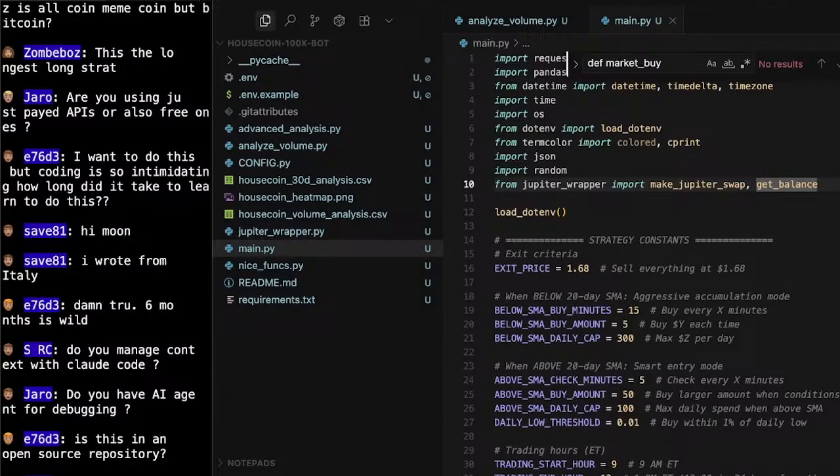You can go ahead and combine the accumulation mode with the house coin accumulation mode thesis. That will just be one line instead of having it in two different sections. Right now we have the house coin thesis and accumulation mode. We can combine those two lines.